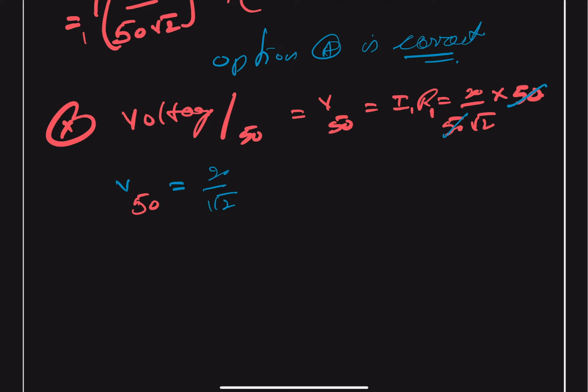This we can write as, let us rationalize it, we divide and multiply by square root of 2, so this comes as 10 square root of 2, which will be close to 10 into 1.414, approximately equal to 14.14 volts.